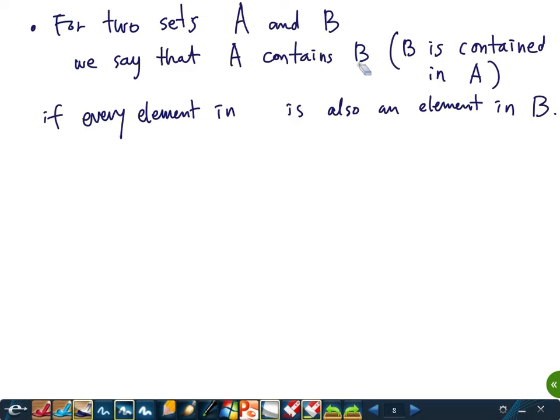A contains B, so A must be bigger than B. If every element in B is also an element in A, then we say that A contains B, or in other words, B is contained in A.